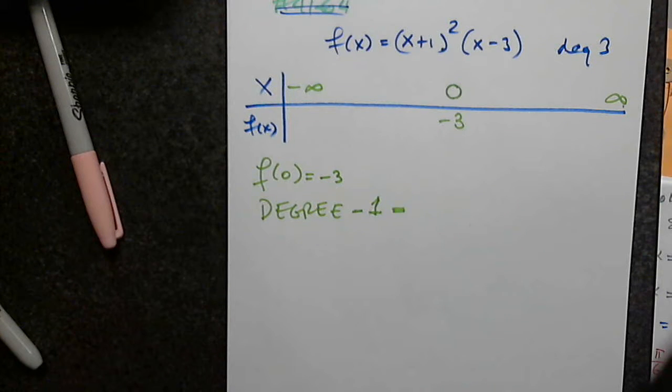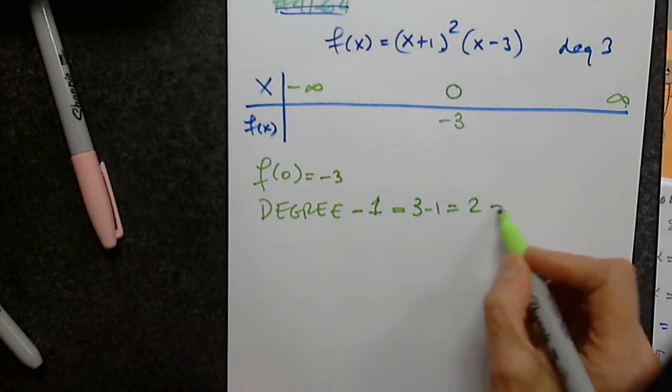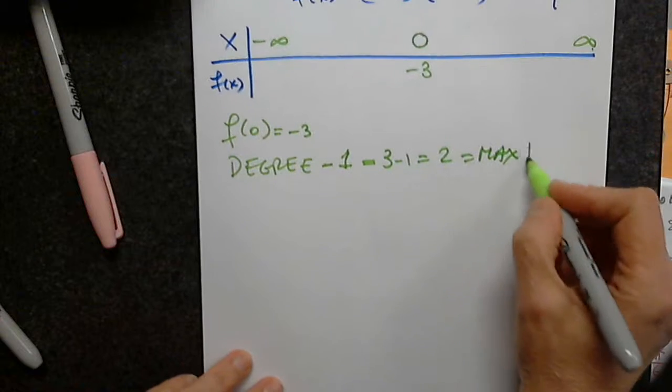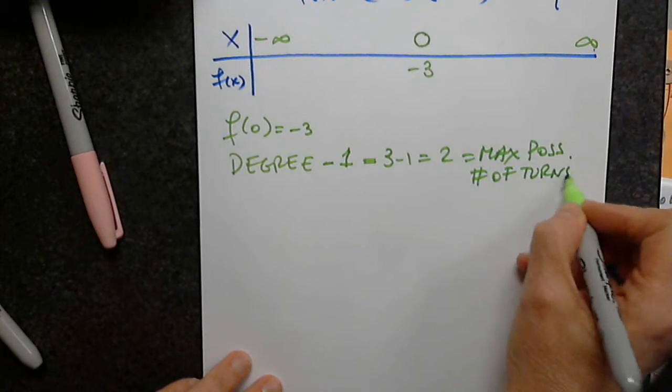Quadratic function, what is the degree? 2. How many possible max, min can a quadratic function have? 1, degree 2 minus 1. We are in degree 3. How many maximum? Doesn't have to have any. But what is the maximum possible number of turns? 2. Yes, 3 minus 1 equals 2. Max possible number of turns. So now this is done.